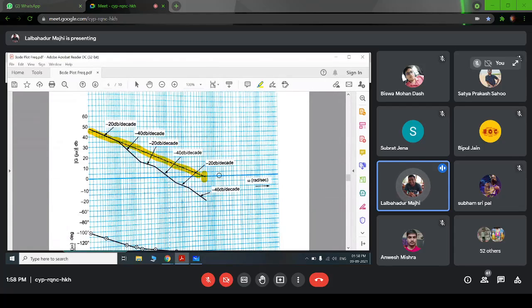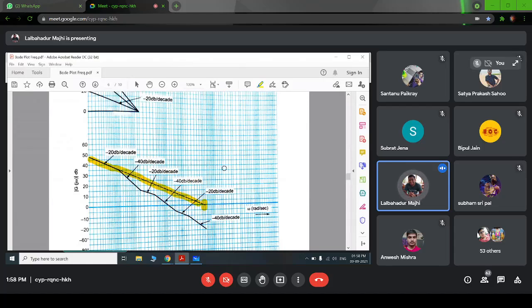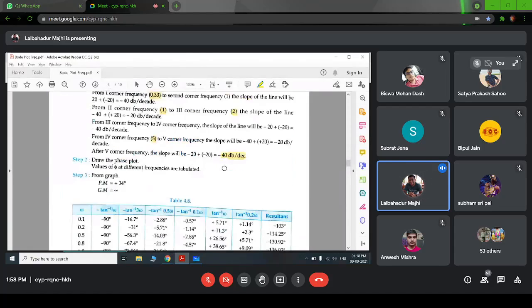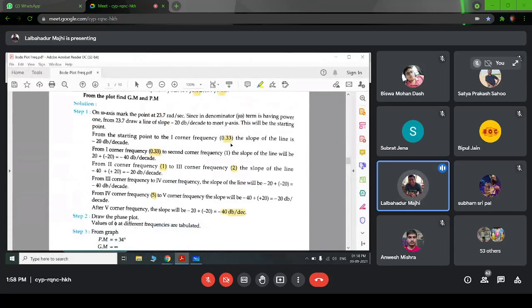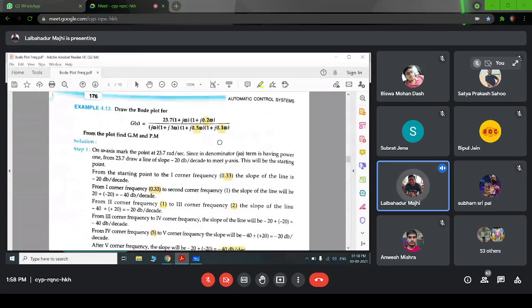Our first corner frequency is 0.33. We have to see whether it belongs to a pole or a zero. You can see it belongs to a pole, right? This 1 plus j 3 omega. That means we have to add a slope of minus 20 dB per decade.